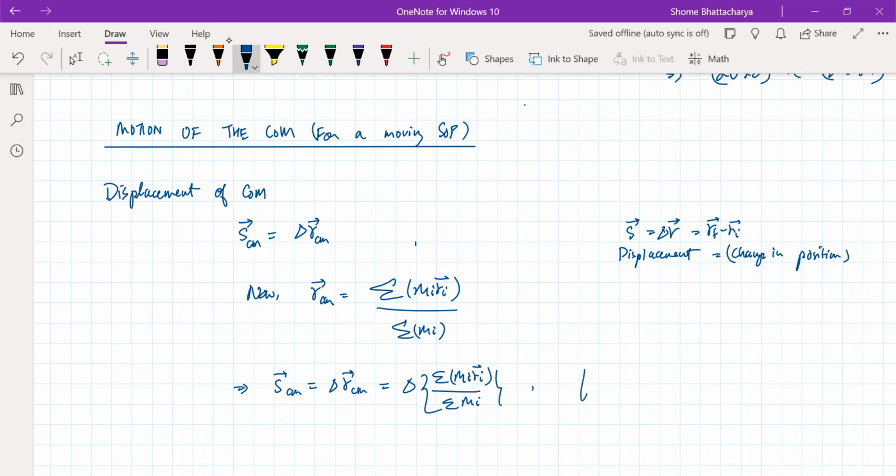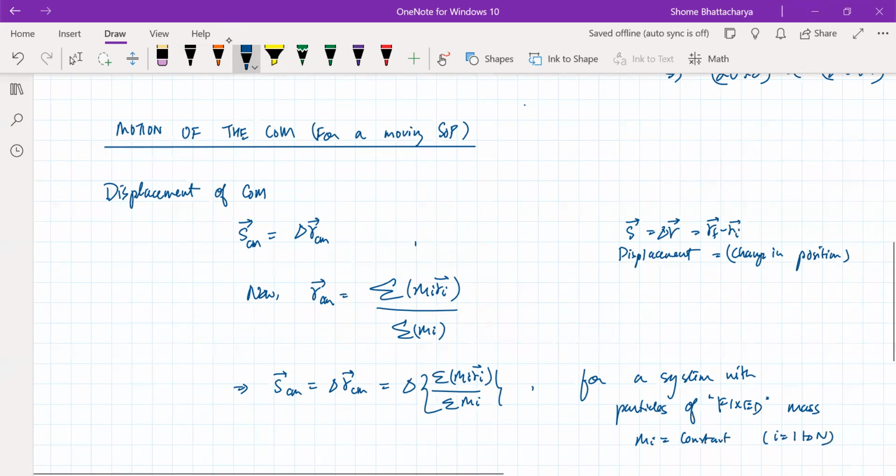Now, for a system with particles of fixed mass, mi is constant for i going from 1 to n.